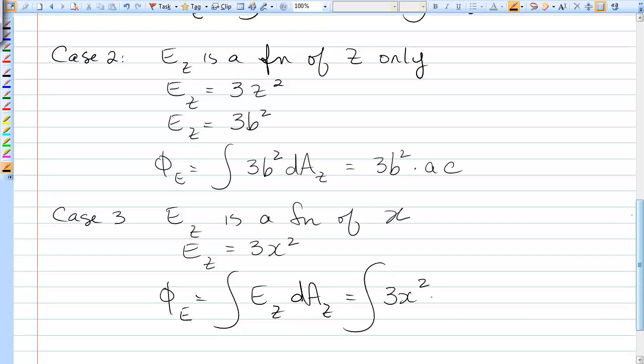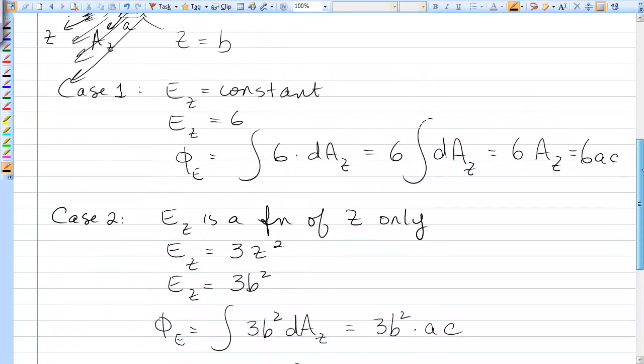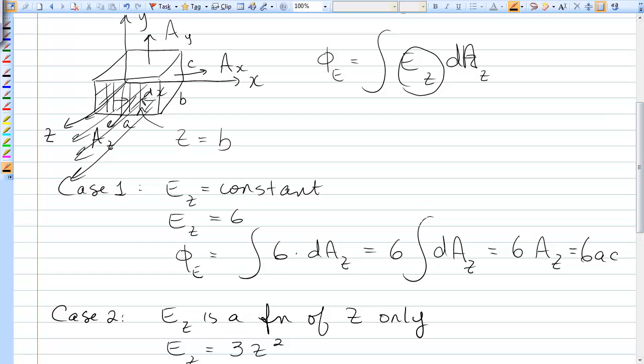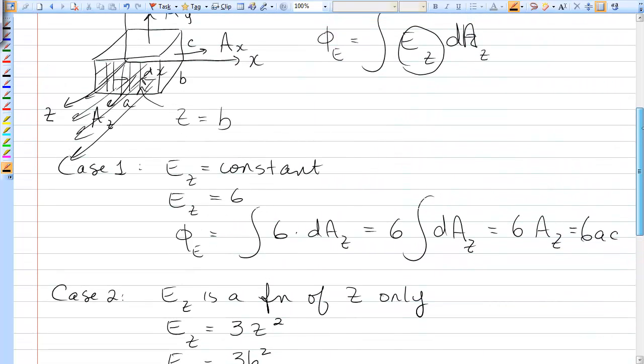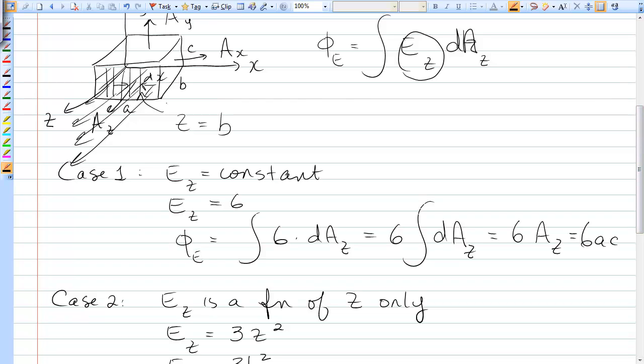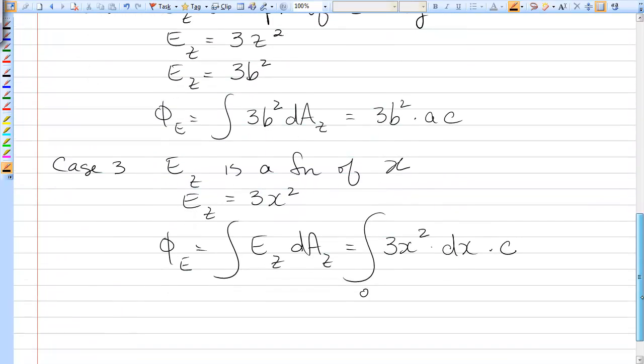Now the area of a strip is the width dx times the height. And in this case our height is c. So go back, put times c. And x runs from 0 to, oh, better be careful where x runs. x runs from 0 to a, over to this edge where x equals a. So our integral goes from 0 to a.